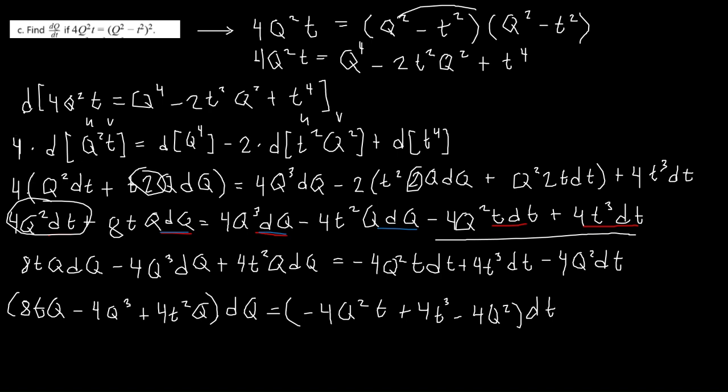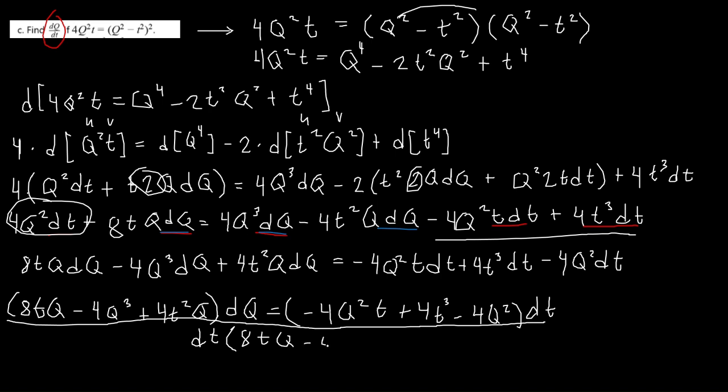And since we're just trying to find dq over dt, all we have to do is divide all of this by dt times (8tq minus 4q cubed plus 4t squared q), so that this term transfers into the right side and becomes the denominator, and dt will also be the denominator on the left side.